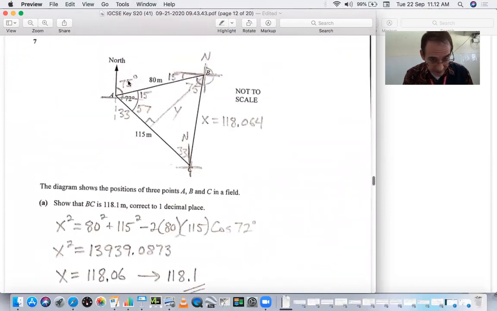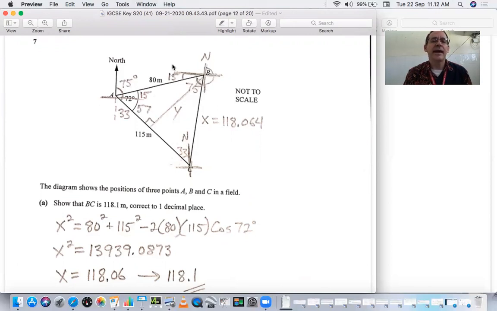Okay, that's this here. And because this is a transversal across parallel lines, it means that 75 is actually the angle from here all the way down to here.